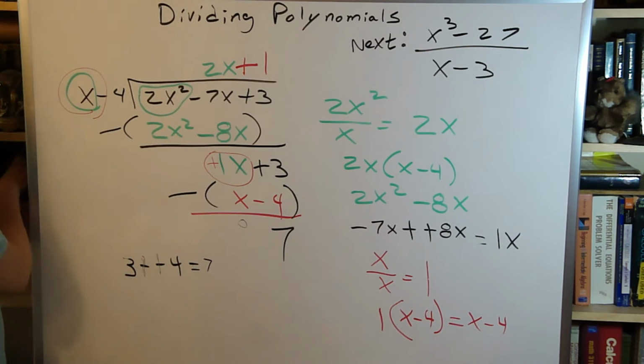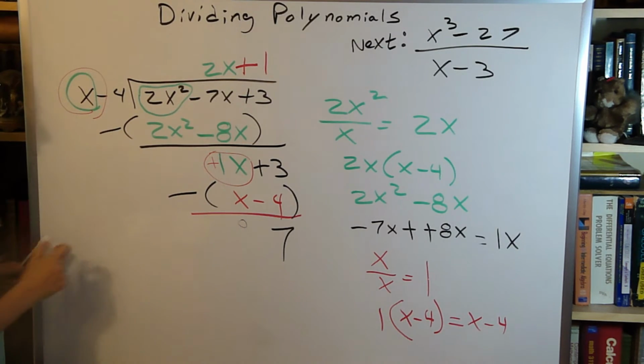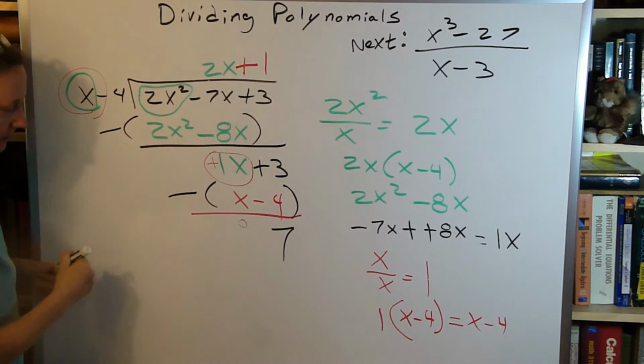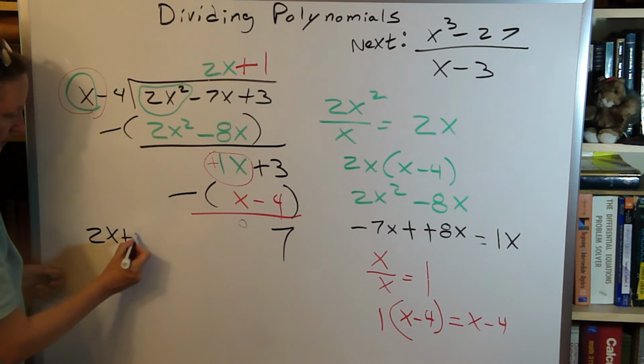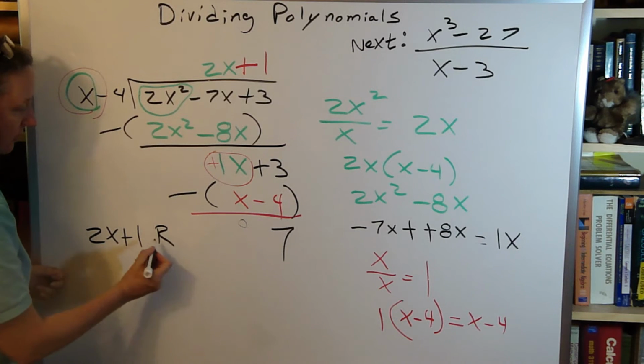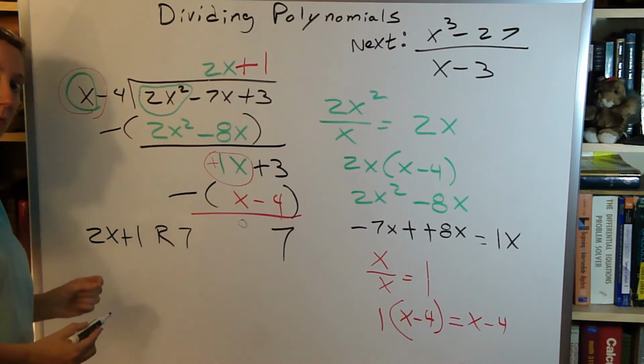Minus a negative, remember that changes into plus a positive, and I get 7. So my answer is 2x plus 1 with a remainder of 7. Not the best way of writing it.